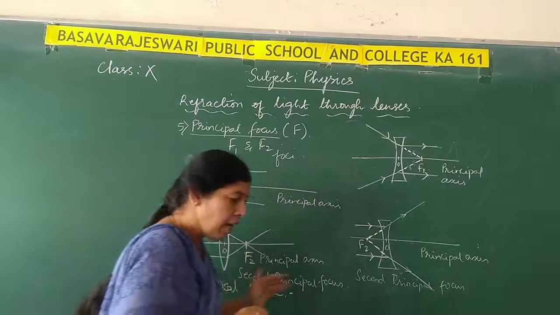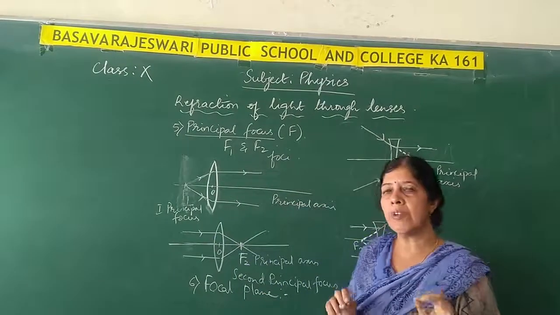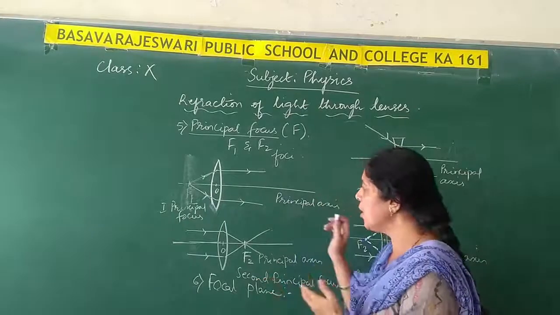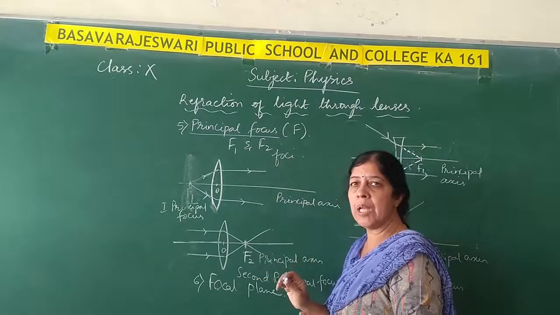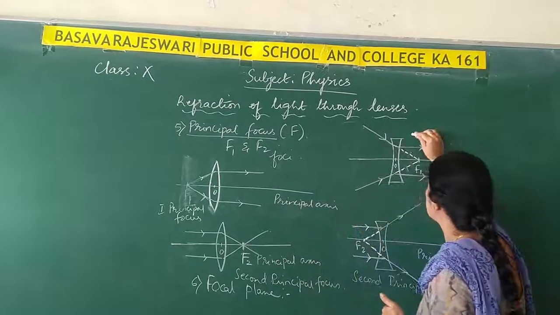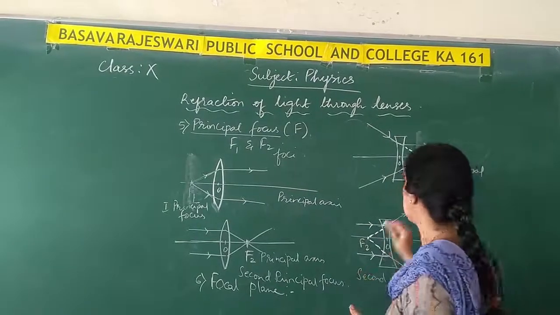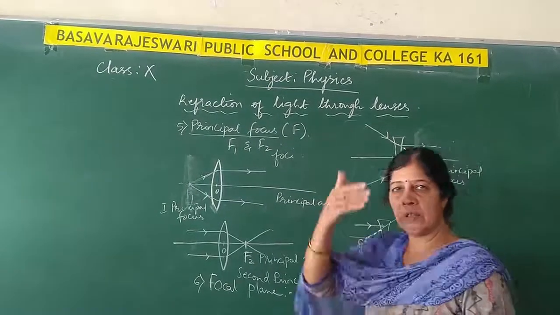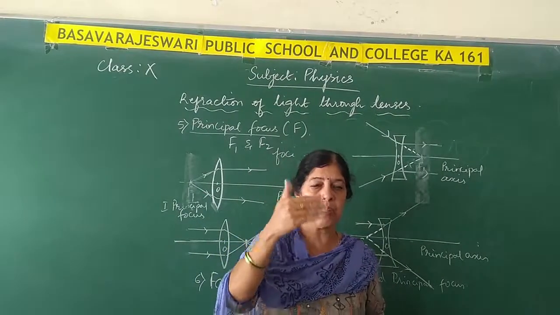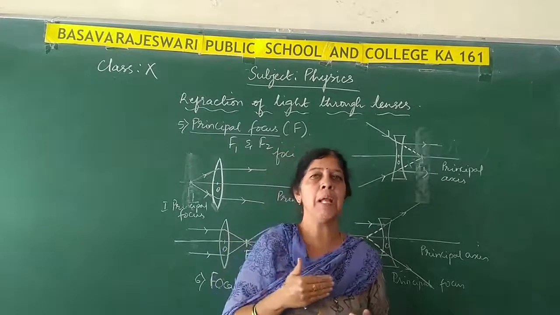And because any lens has two principal foci, we will have first focal plane and also second focal plane. If you take the first focal plane, it is the imaginary plane which is normal to the principal axis and passing through the first focal point. Understood? So that plane is imaginary and it will pass through the focal point and be normal to the principal axis.